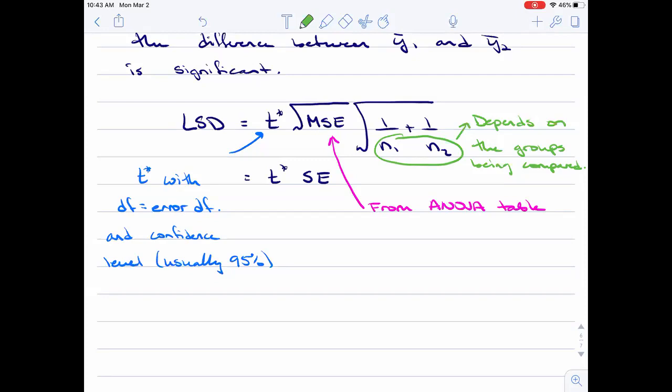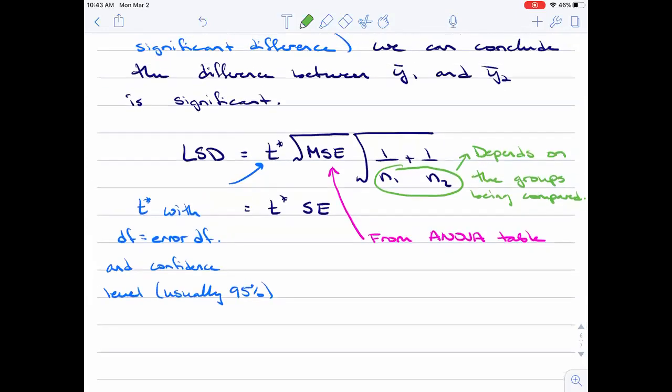That looks a lot like our margin of error for our confidence interval, right? And it is, for the difference between two means. I knew it, but I was driving, so that's why I had to check now. It's the margin of error.